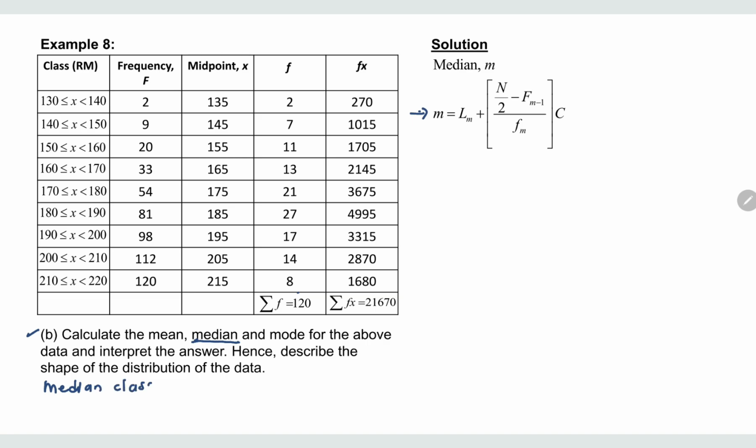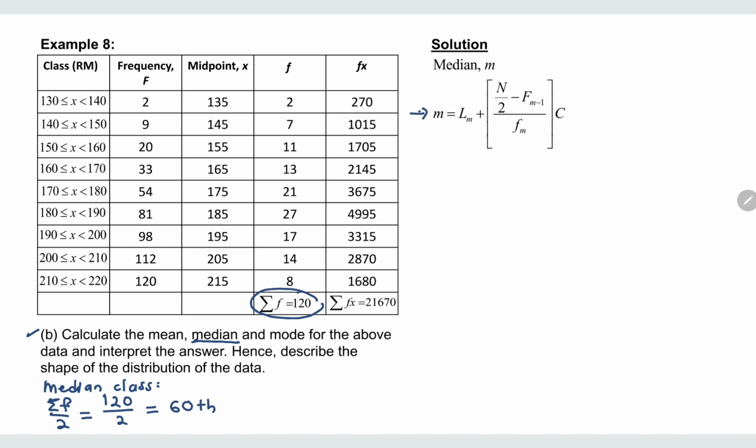To find the median class, we must find the middle observation among the class intervals. The middle observation we can take from summation of f divided by 2. The summation of f just now we got is 120, so divided by 2 equals 60 observations.